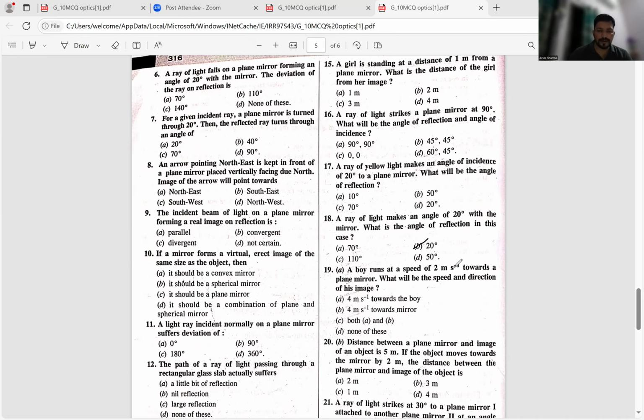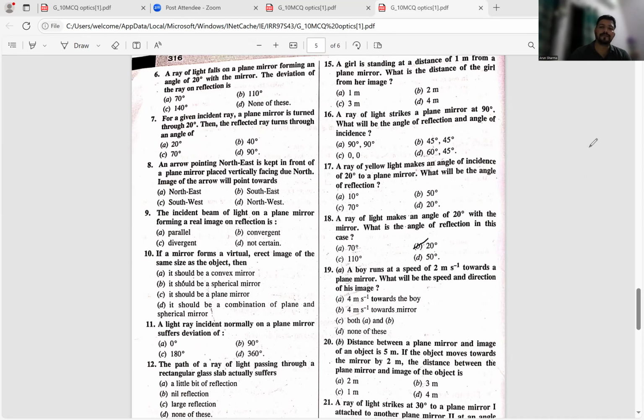Sorry, I read the wrong question. A boy runs at a speed of 2 meters per second towards a plane mirror. What is the speed and direction of his image?